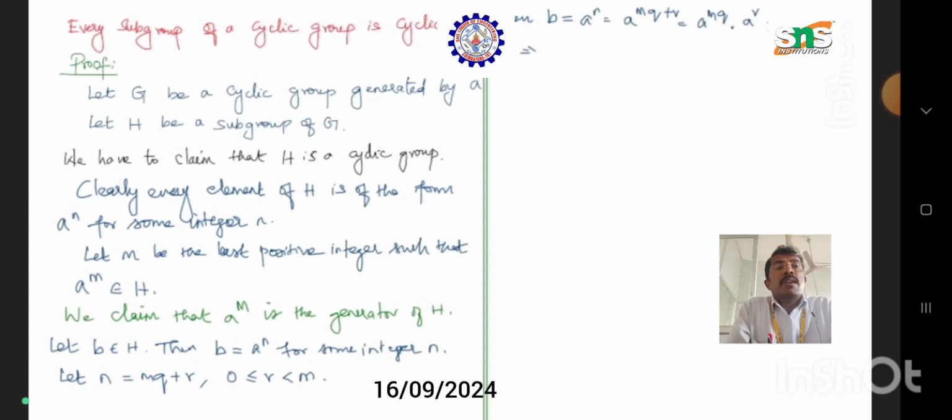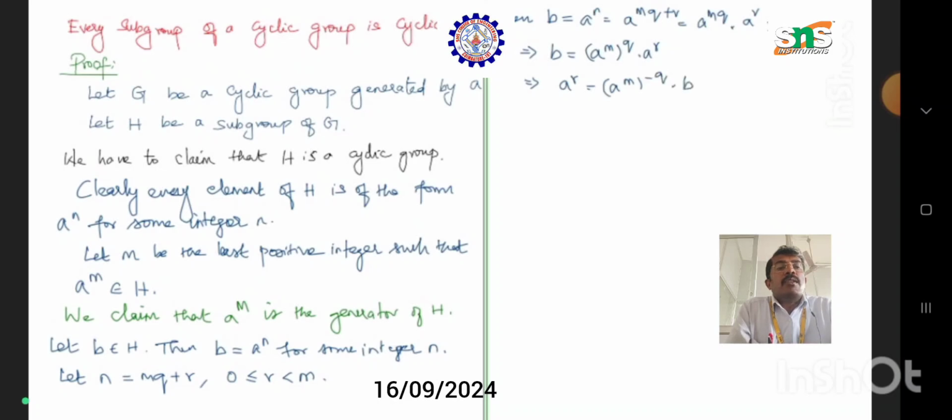So b is a power n, and since n is equal to mq plus r, we can write a power mq plus r. When you split the base, you can write a power mq into a power r. So now you can write a power m whole power q, so b is equal to a power m whole power q into a power r.